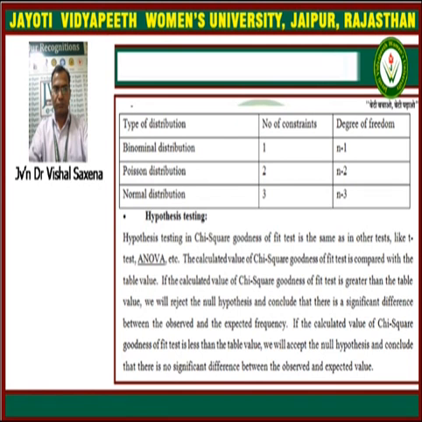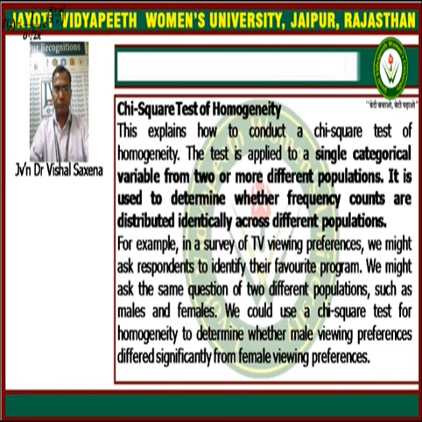If it is greater, then the null hypothesis will be rejected, and if it is less, then the null hypothesis will be accepted. These are the cases for hypothesis testing, and by this we can calculate our results.